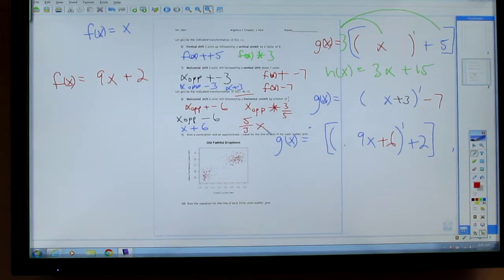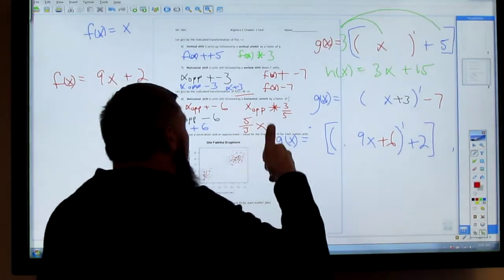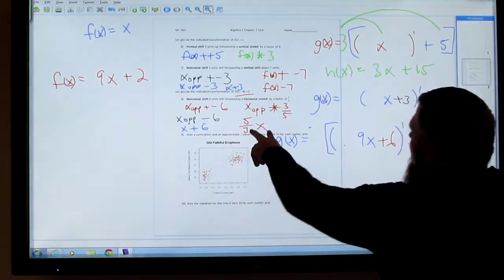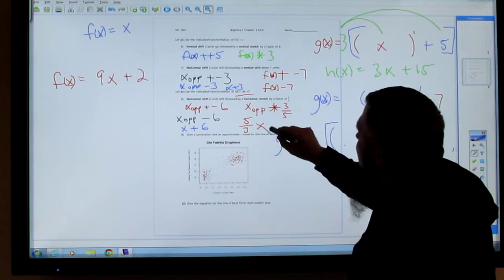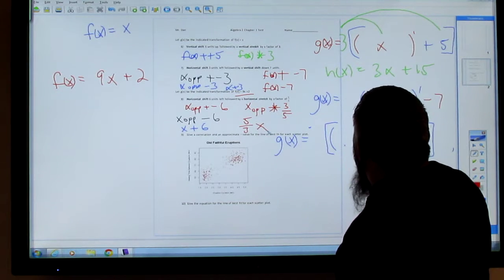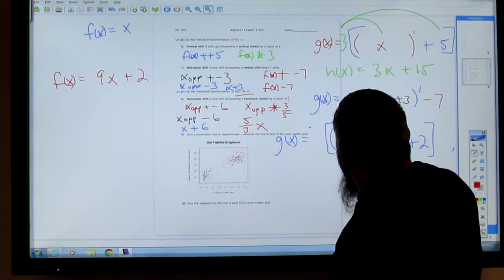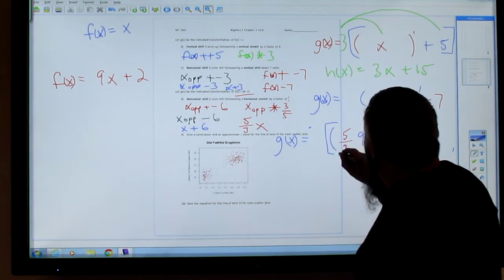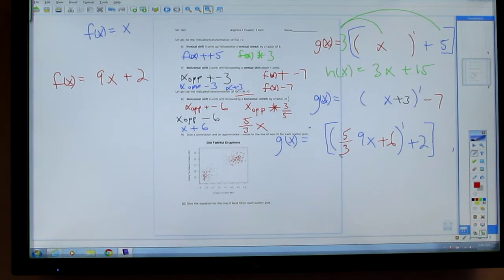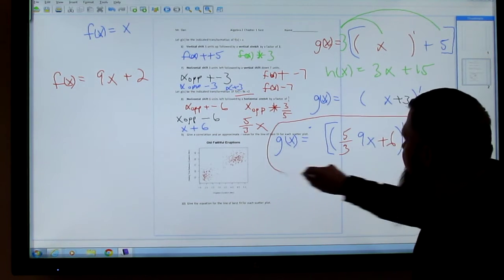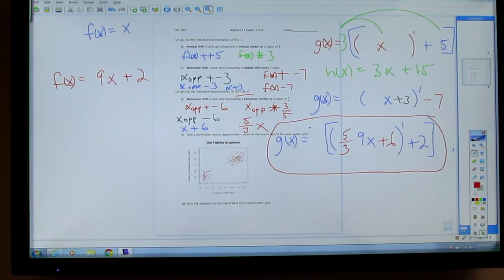Because it is division, but when we divide by 3/5, we actually flip and multiply, right? Okay? And so, I'm going to be multiplying against the x. That means it goes here. 5/3. Does that make sense? Alright? And then, there you go. That's your g of x. Okay.